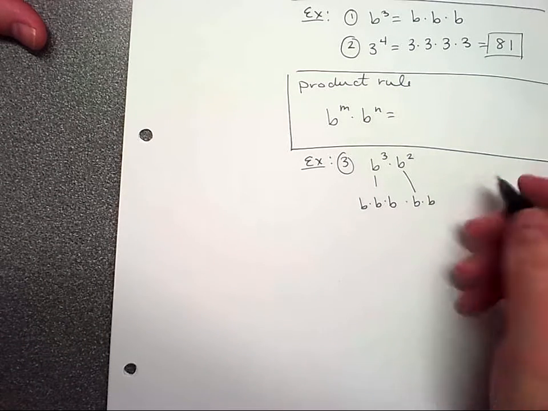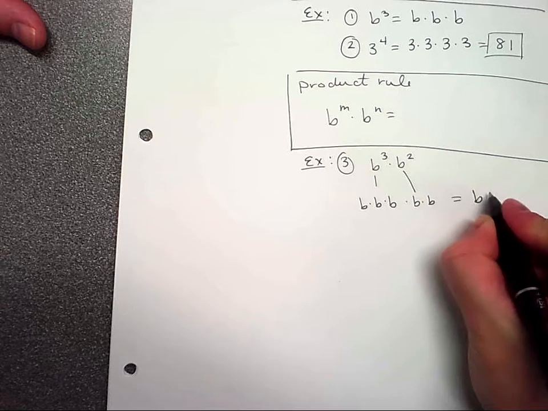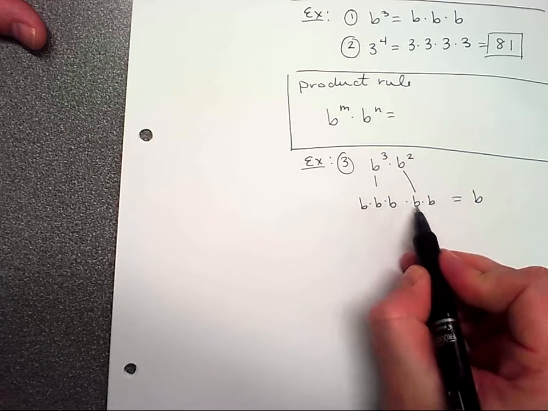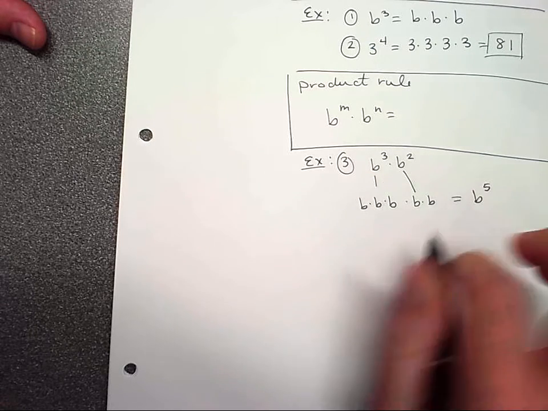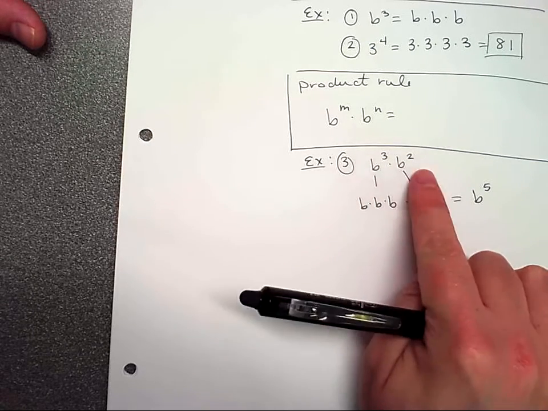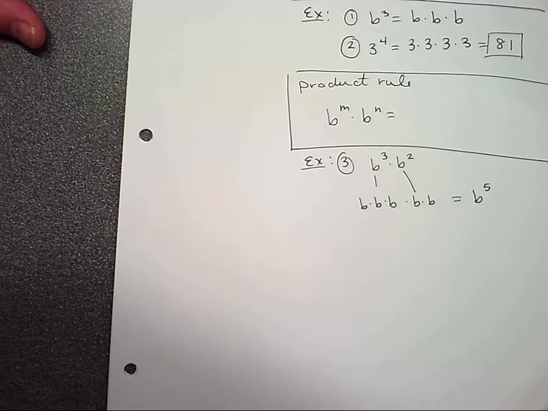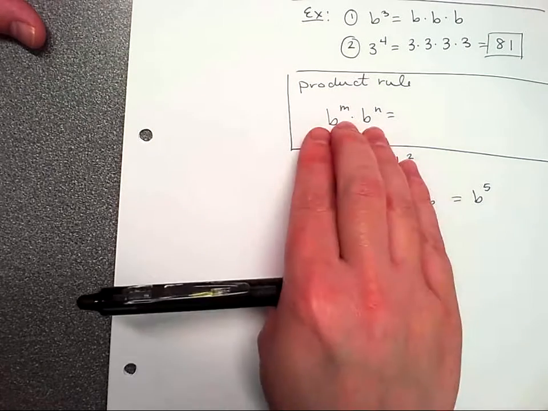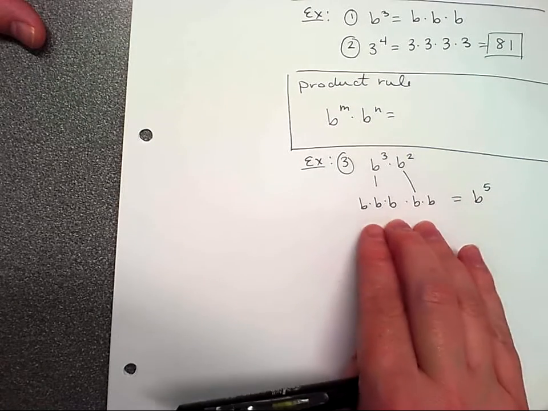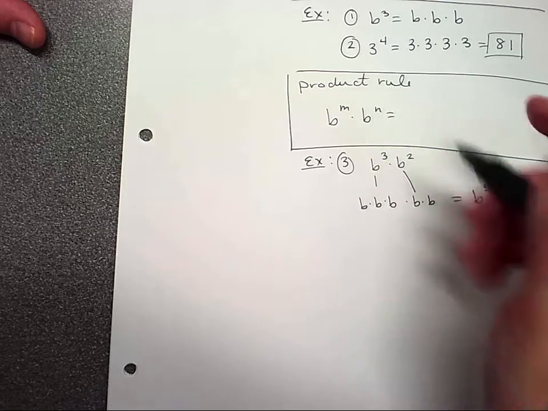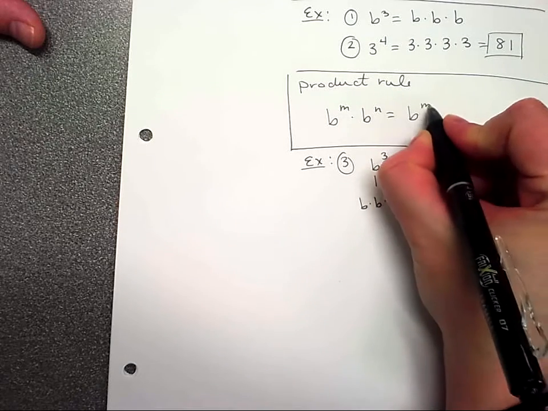So what's my answer here? I have b to the what power? 1, 2, 3, 4, 5. 5. So what did I do with these exponents? Added them. If you ever can't remember this rule, make yourself a simple example and go back to the definition. So this is b to the m plus n.